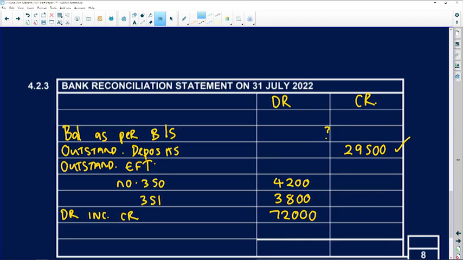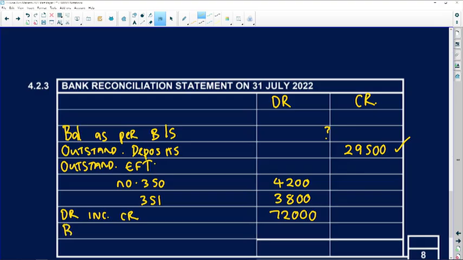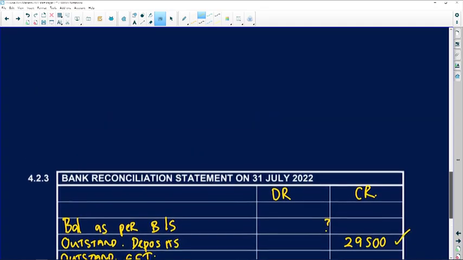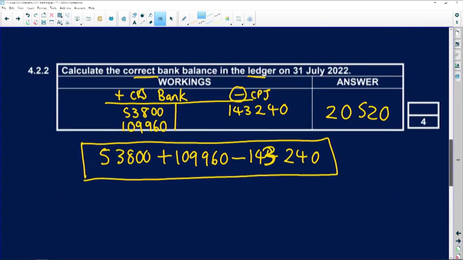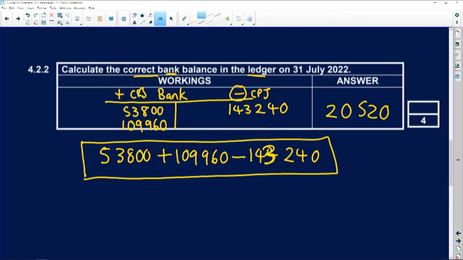So remember, we're reconciling our balance, our general ledger balance, to what's on the statement. So we've got to show our balance as per our ledger, right? As per our ledger, and that's a balance that we calculated a few seconds ago. So our correct bank balance, 20,520.